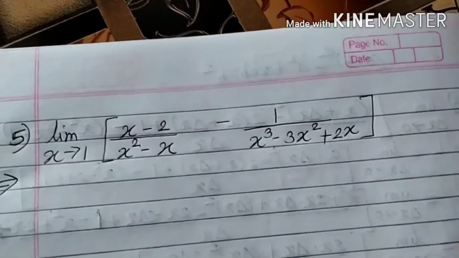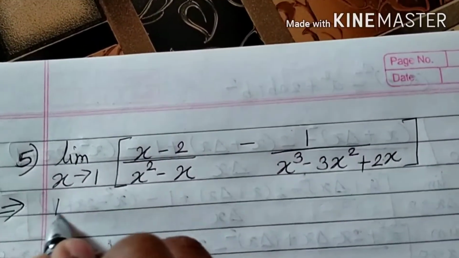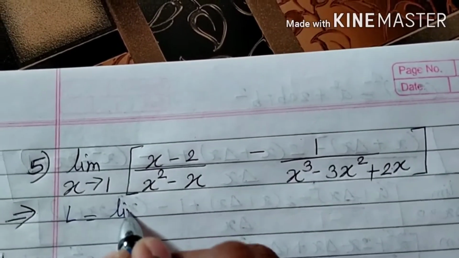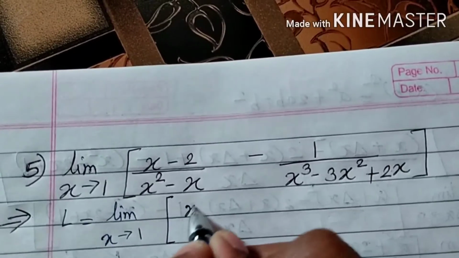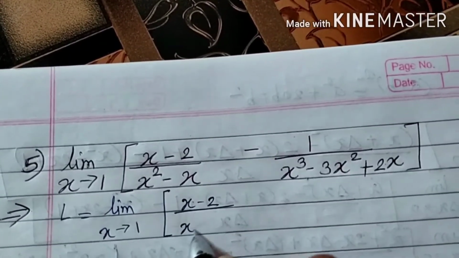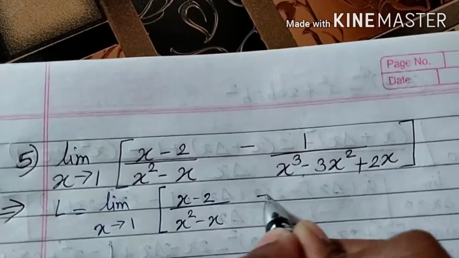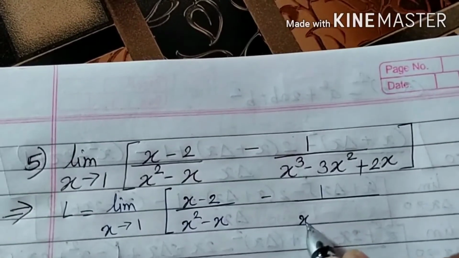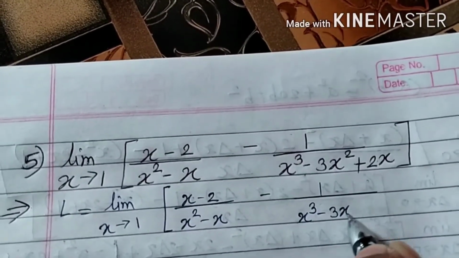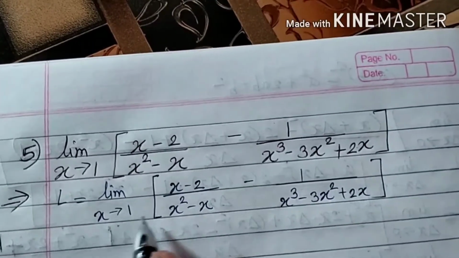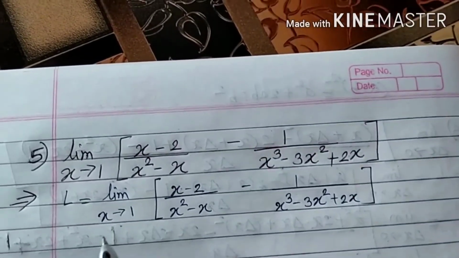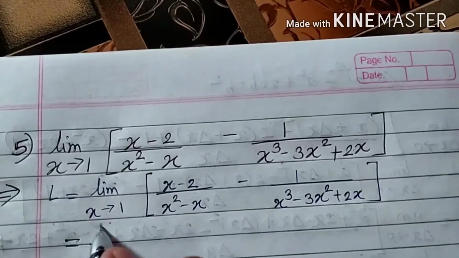Now next example, take L. X tends to 1 means you have to remove the x minus 1 factor.